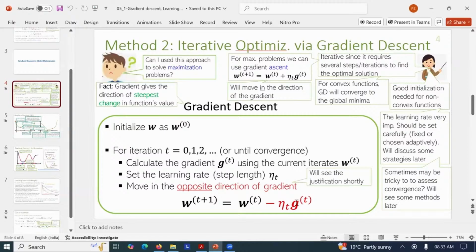In batch gradient descent we are getting the accurate gradient, but the calculation of GT will take a longer time. In stochastic gradient descent, you can calculate GT very quickly, but the problem is that GT is noisy, right?